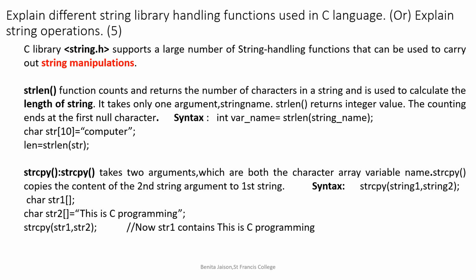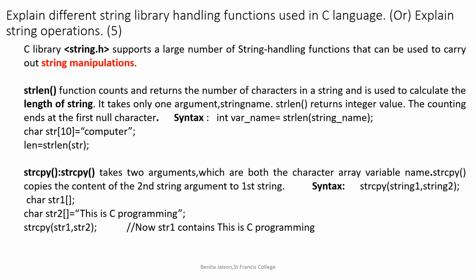There are many such operations which we can perform on a string. These operations can be done either by writing C programs, or you can directly use the string library functions which are available in the header file string.h. They are used to carry out the various string operations.